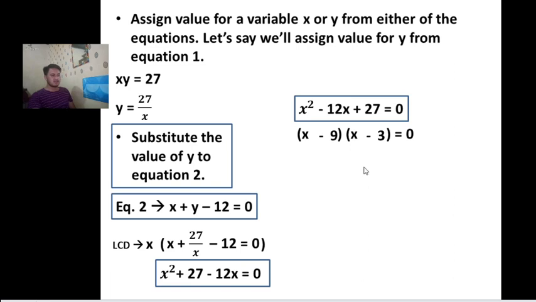Next, solve for the values of x. Again, the simple way of solving for the values of x is just to get the opposite of these. So the opposite of negative 9 is 9, and the opposite of negative 3 is 3. So we have x1 equals 9 and x2 equals 3.